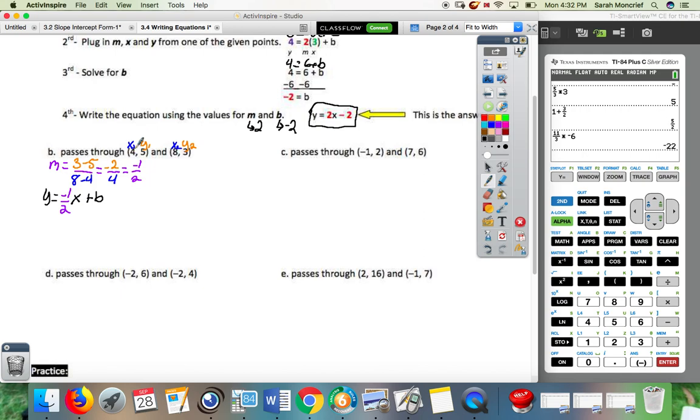What is my x? It is 4. And what is my y? It is 5. So we are left with 5 is equal to negative 1/2 times 4.